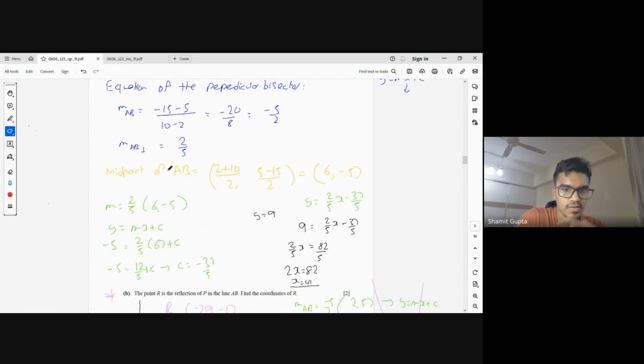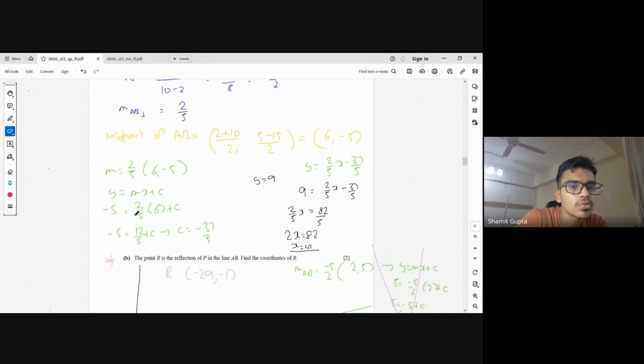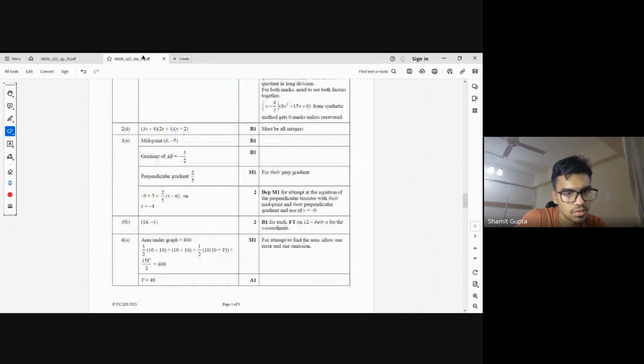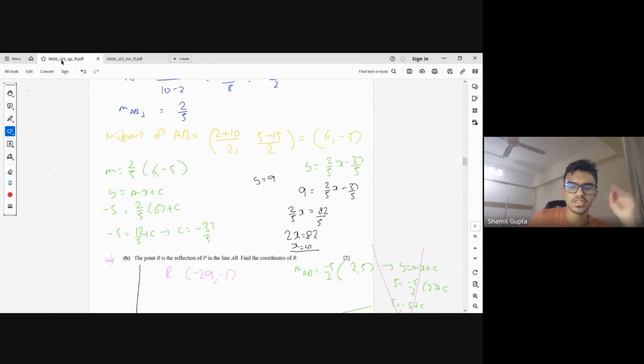Gradient is 2 over 5. Is our equation wrong? Negative 5 is equal to 2 over 5. Our equation is correct, I think. No, our equation seems wrong from the mark scheme.